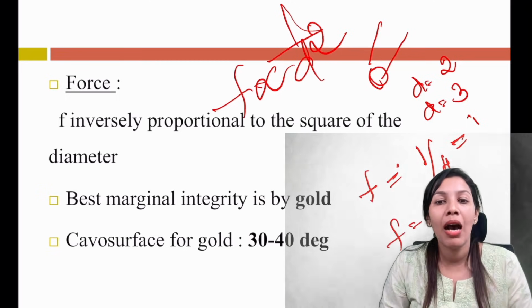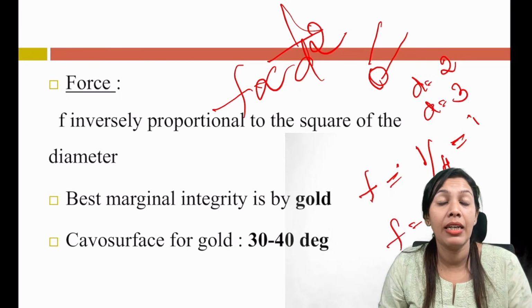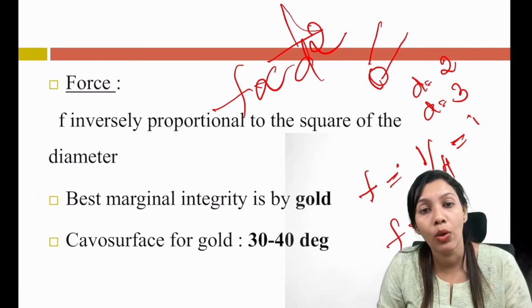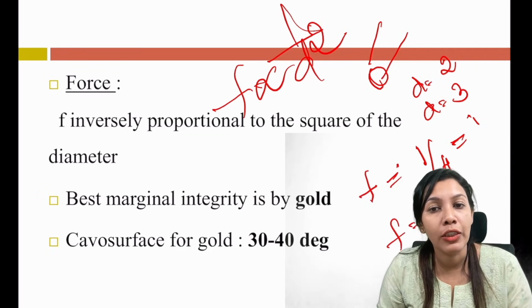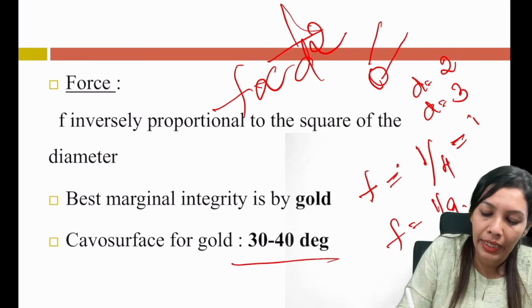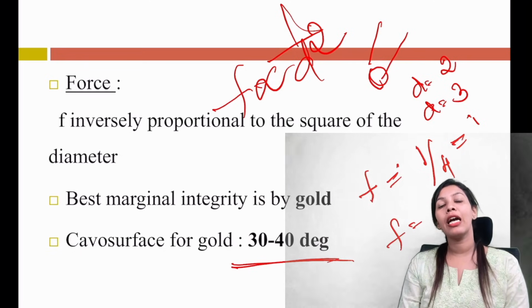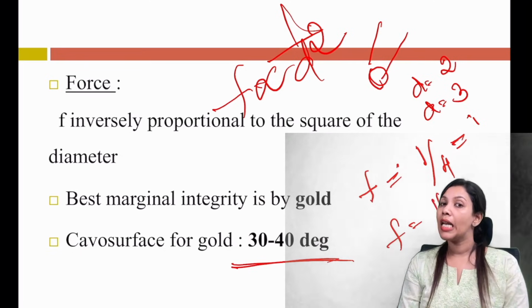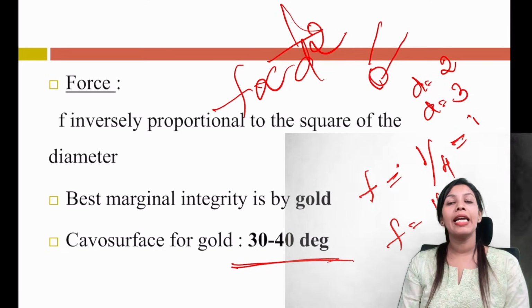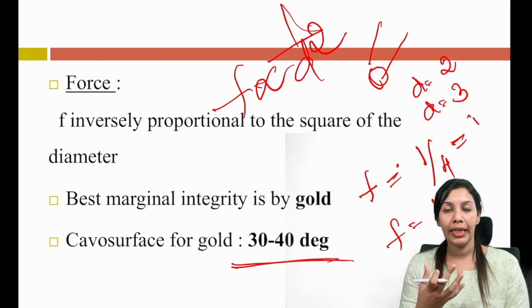And the best marginal integrity is by which material? It is by gold. And the cavosurface angle for gold is about 30 to 40 degree. These are the differences that you need to keep in mind. The cavosurface angle for amalgam is 90 degree. It is called a butt joint. In the case of gold, it is about 30 to 40 degree, right?